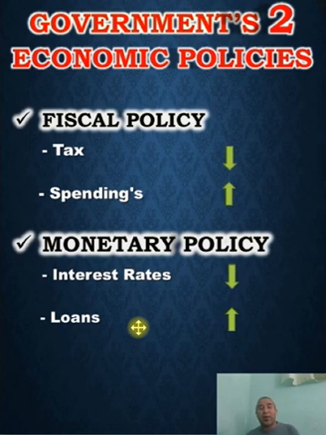So in this scenario as well, the economy will grow faster. So this was the basic essence of these two economic policies that governments invoke or use when they want to help the economy stay on track.